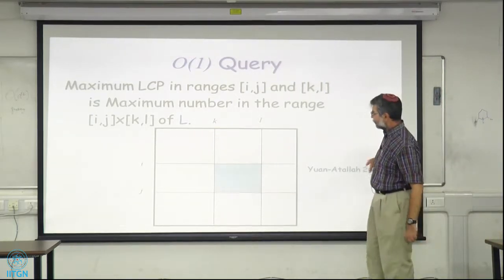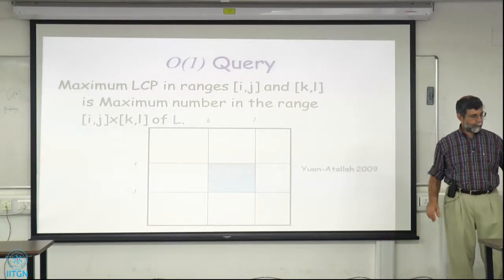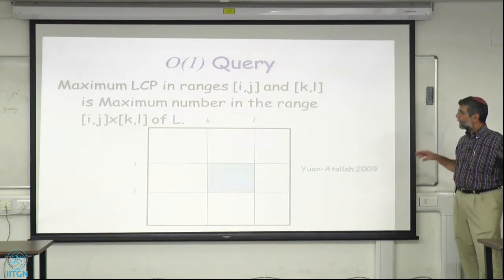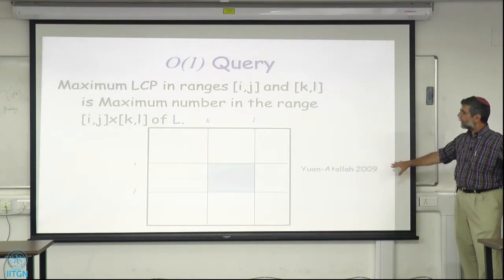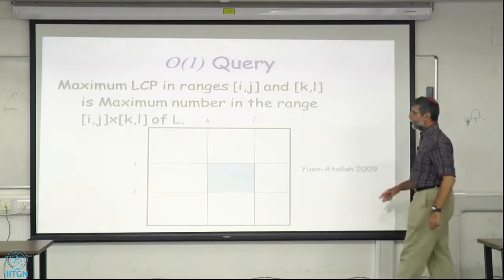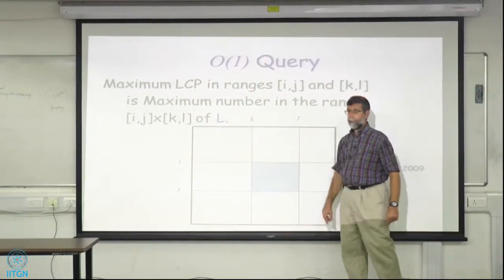That was nice because we had a paper, Moshe Lewenstein and Johannes Fischer and I, that could preprocess in time n log star n, and then these guys came and very nicely showed that you can preprocess in linear time, and then when you do a range minimum query, it gives you the minimum.